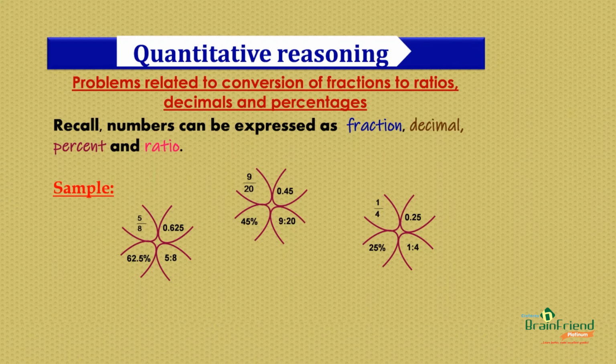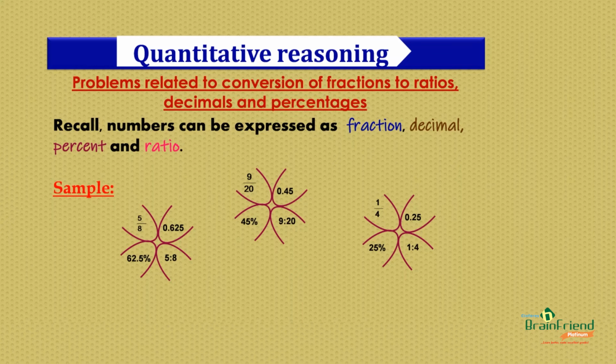The last objective of this lesson is to solve quantitative reasoning problems related to conversion of fractions, ratios, decimals, and percentages. Recall that numbers can be expressed as fraction, decimal, percent, and ratio. These samples help us to see the relationship between fractions, ratios, decimals, and percentages.